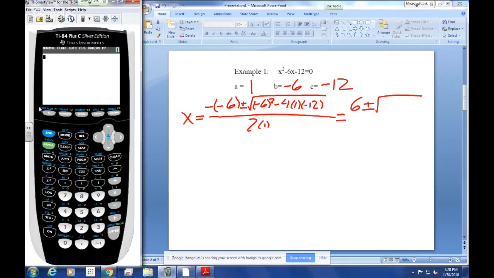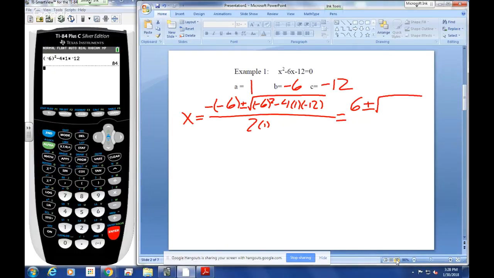So here when we're typing that in, we want to do negative 6 squared minus 4 times 1 times negative 12. So you see that is 84.